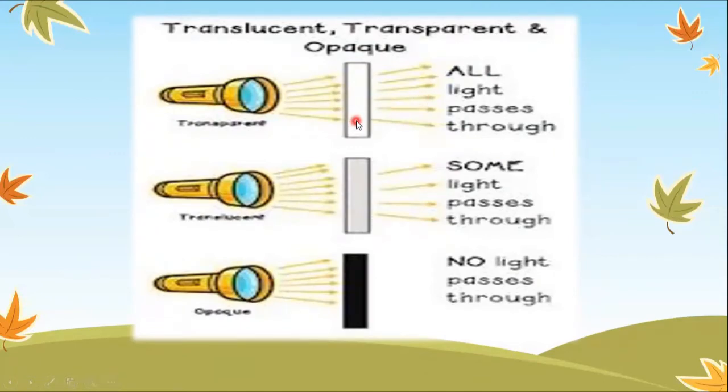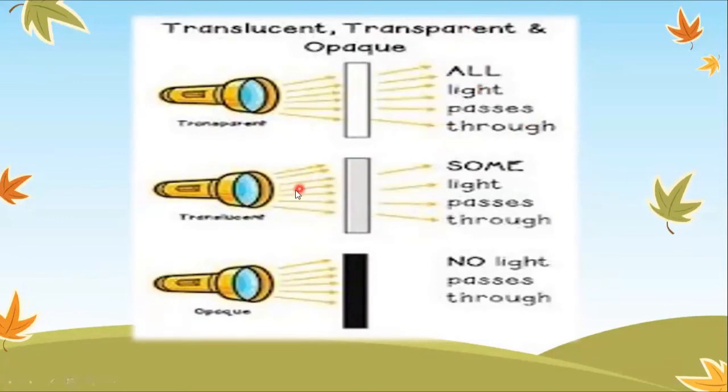Transparent is very generous: whatever enters, it lets out, so we see everything behind it clearly. So we can see the picture behind it very clearly because all light passes through it.